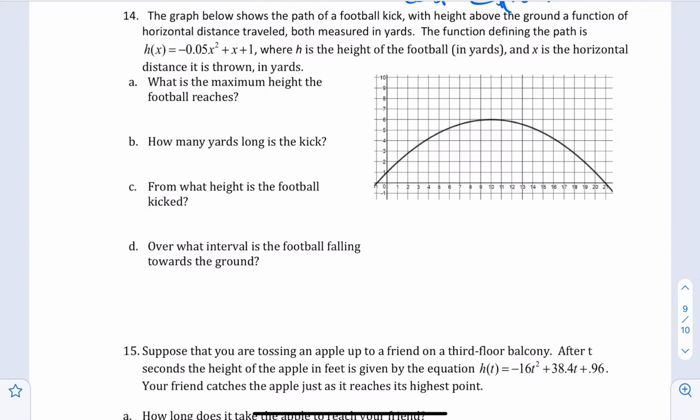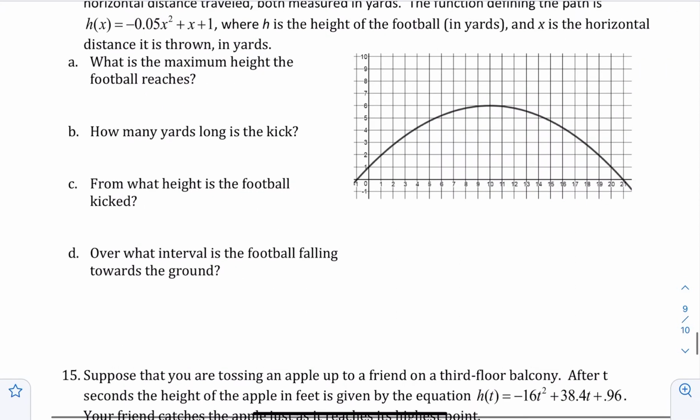The function is defining the path, and it's h of x equals negative 0.05x squared plus x plus 1, where h is the height of the football in yards, and x is the horizontal distance it is kicked. Why does it say thrown when it was kicked? So how many yards long is the kick? I mean, the kick starts at 0, and it hits the ground 21 yards away.